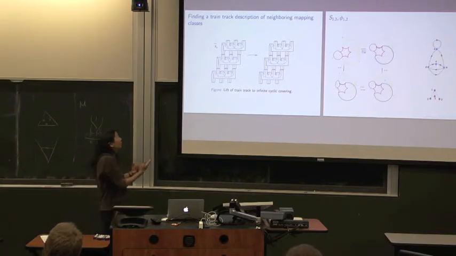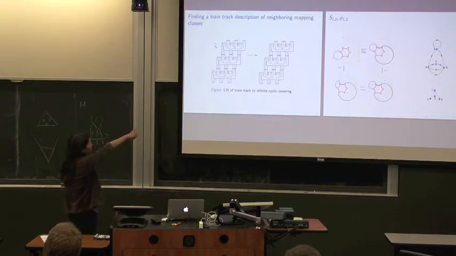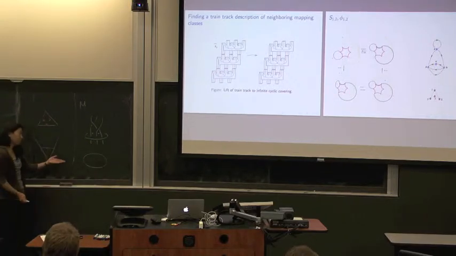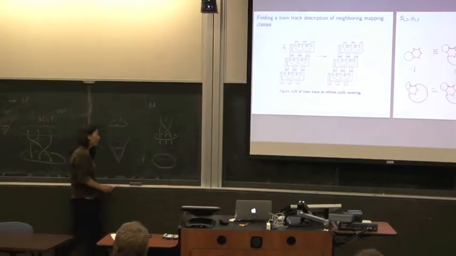So you take that covering of the surface. This is really the punctured disk; this was the original fibration, where the fiber was a punctured disk.